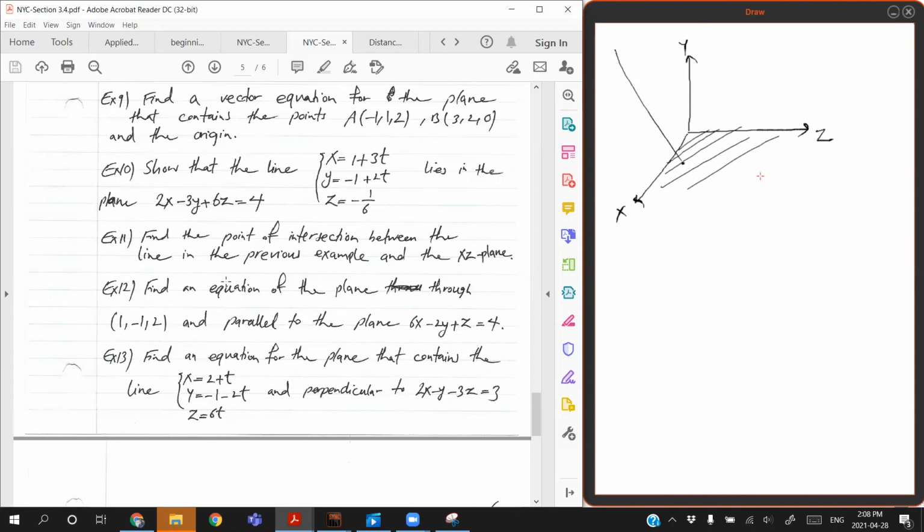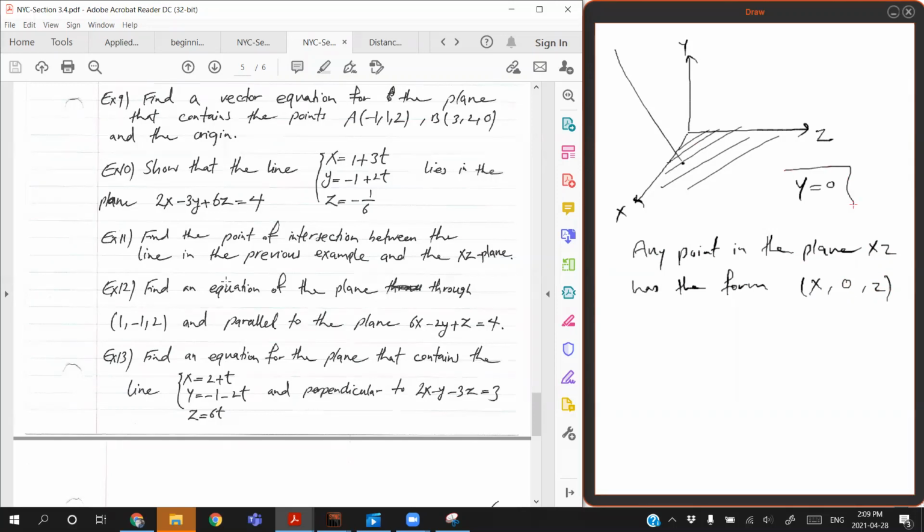Notice that any point in the plane XZ has a y coordinate that is equal to 0. You agree? Any point in the plane XZ has the form some x, it has some z, but the y coordinate is going to be 0.